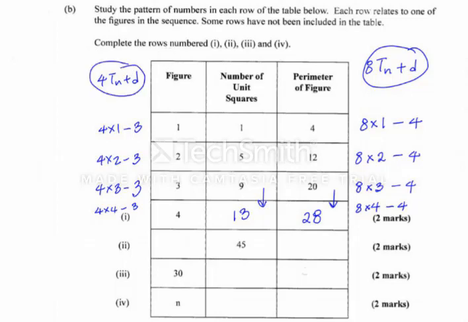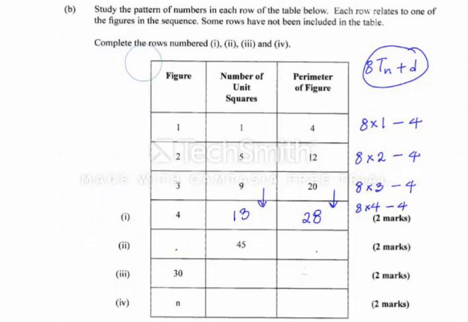Let's see if we can get this one here now. All right, over here in the middle we have 45, and we need to find out what is the value to put here, the value to put to the left, and the value to put to the right. Here's what we know. So let's find out what term number will give us 45. All right, let's erase to create some space.